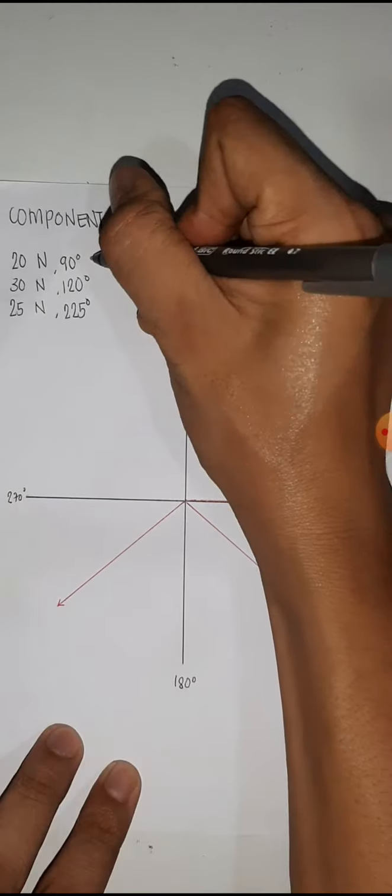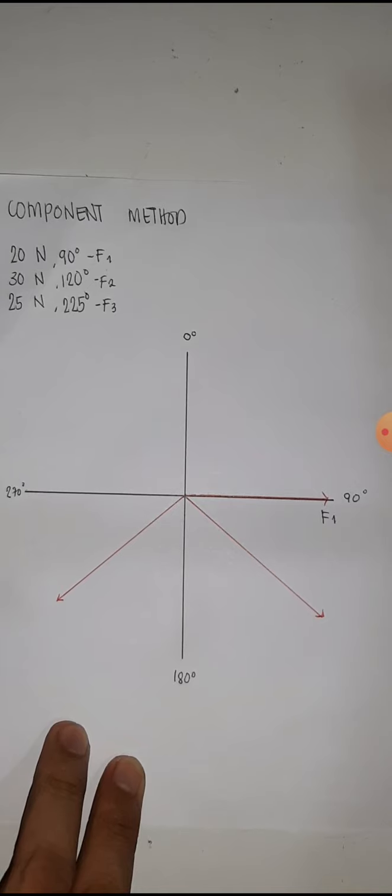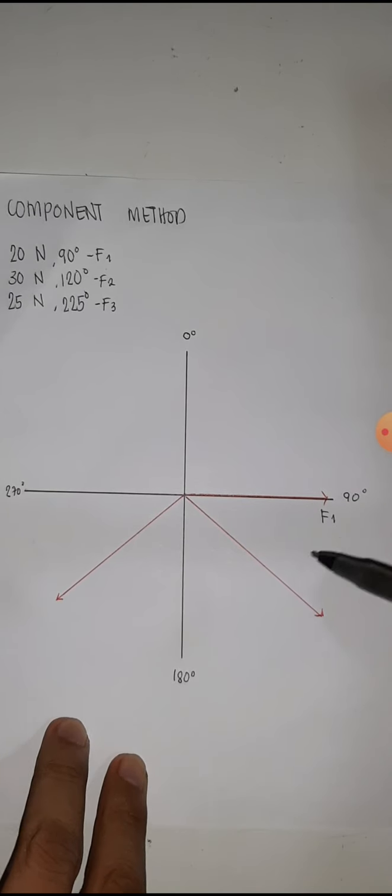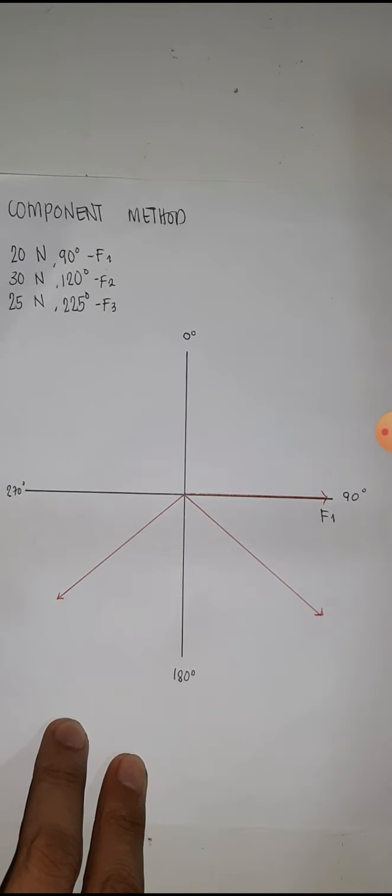The angle given for your second vector is 120 degrees, so it is in between 90 and 180. Let's say this one is your F2. Again, we did not measure the angle accurately for this one, since later on we will just find the correct angle using the calculation for the components.